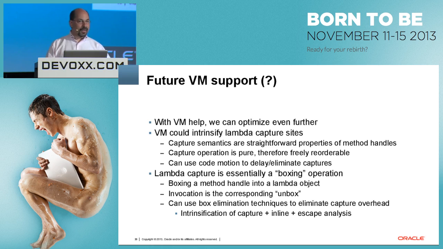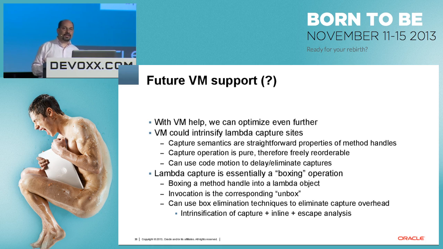Total accident. As a result, the VM could look at that and say, oh, I know exactly what that does. I'm going to replace it with this jumble of method handles. And then I can do all kinds of other optimizations on lambda, like code motion and box-on-box elimination, and further reduce the capture cost of lambda. So there's a pretty deep pipeline of things that we can do to make these costs even lower and move more code from the category of looks like a capturing lambda to looks like a non-capturing lambda.